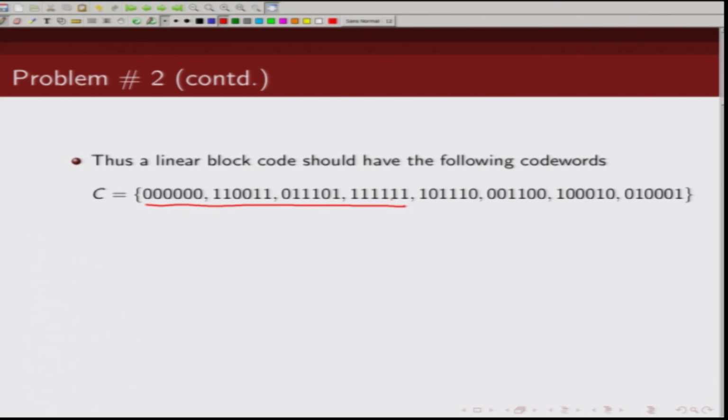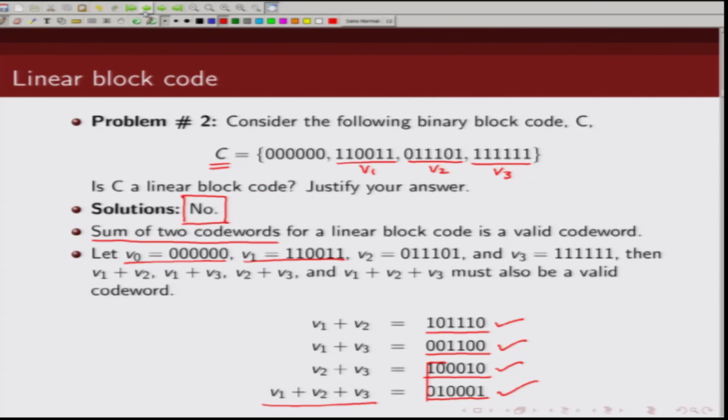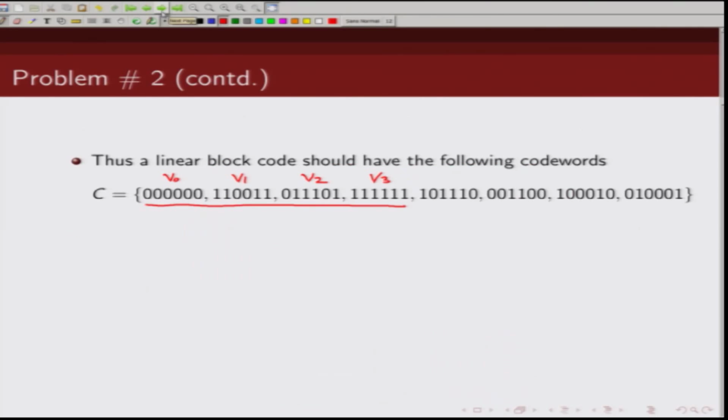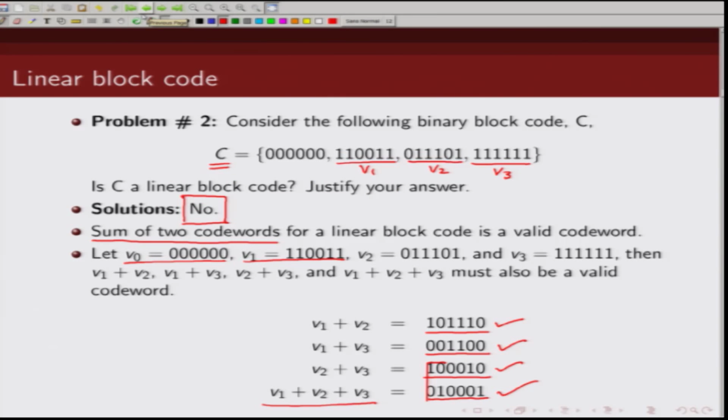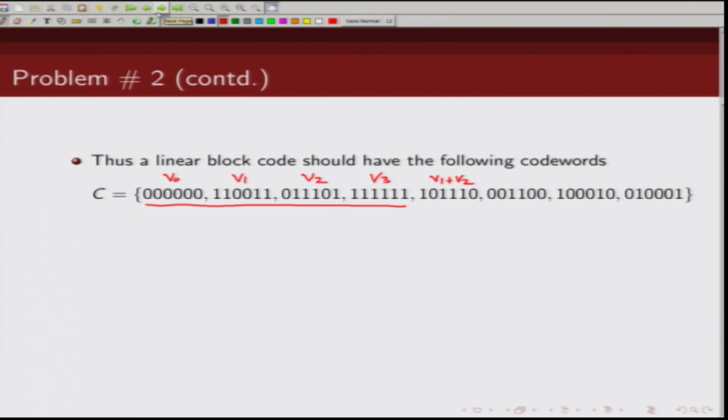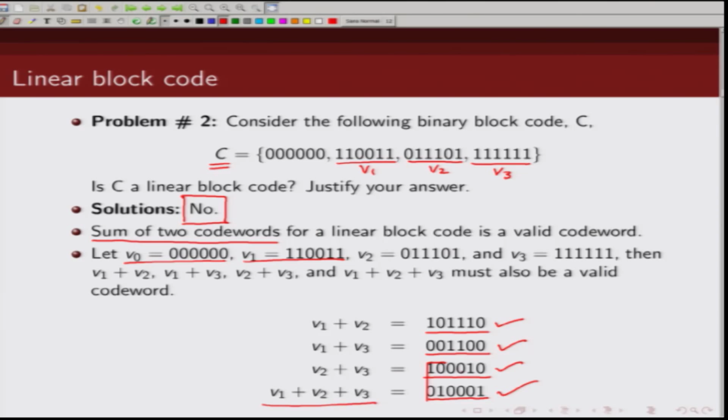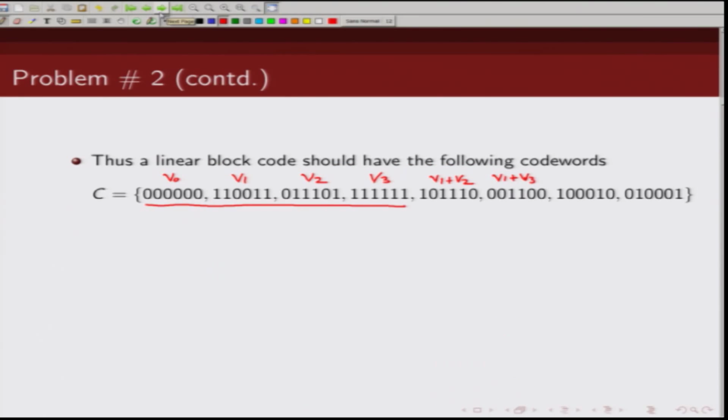In this set of 4 code words V0, V1, V2 and V3, we need to add this set of code words: V1 plus V2, V1 plus V3, V2 plus V3, and V1 plus V2 plus V3.